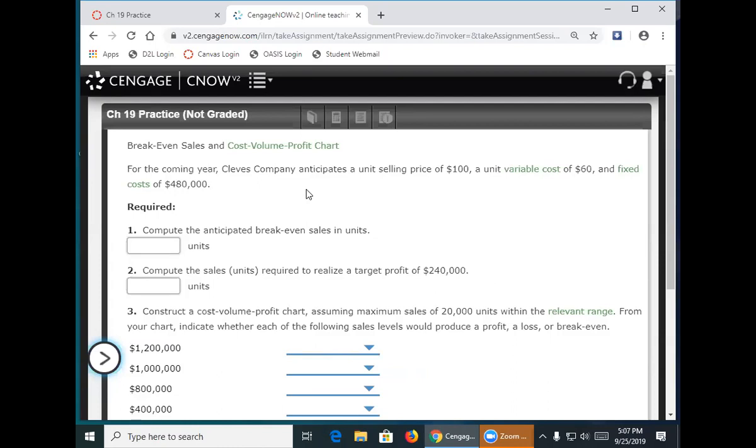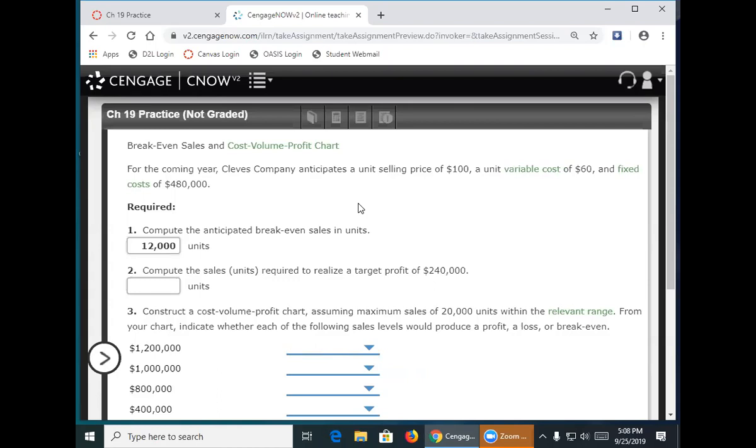So we're just going to take our fixed cost of 480,000 divided by $40 per unit. So that one's nice and even too, right? It should be 12,000 units. So we would need to make and sell 12,000 units in order to break even.